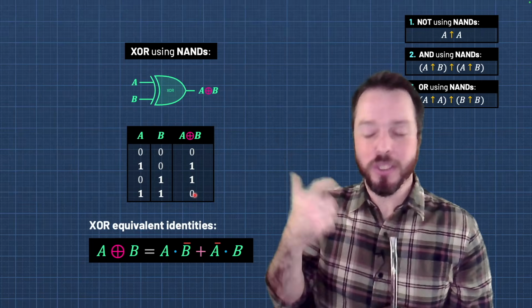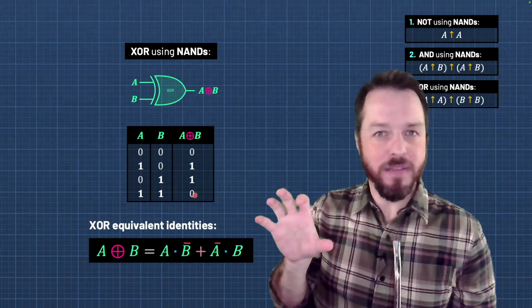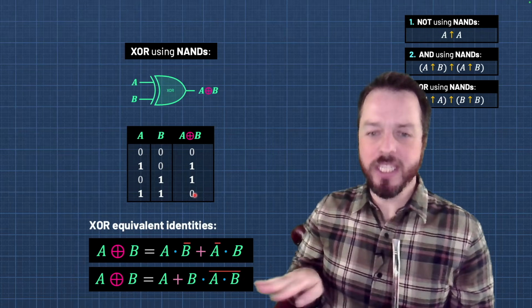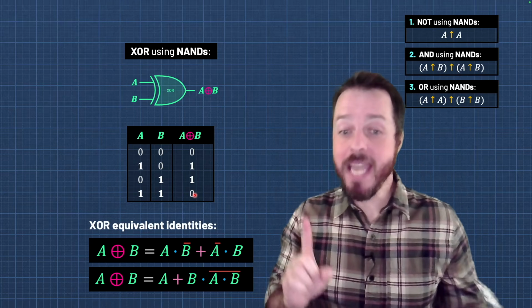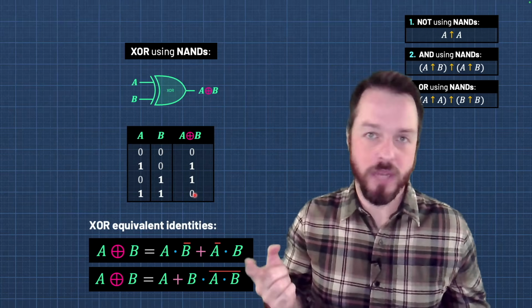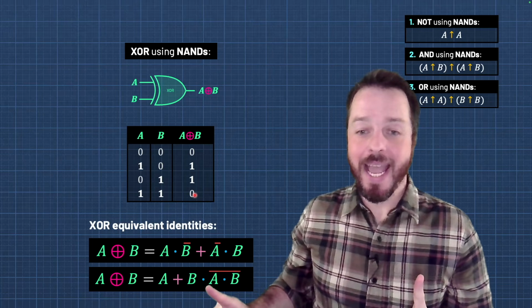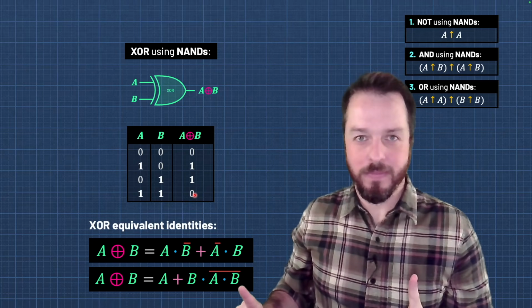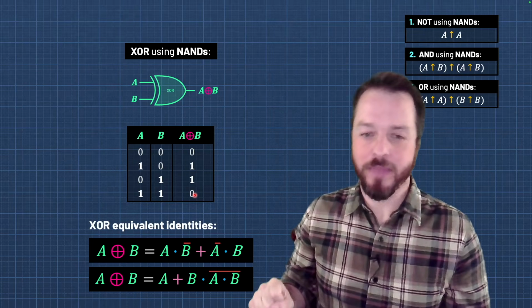But you can also rewrite an XOR a little bit differently. There's another equivalent identity, which is this one right here. Look at what it says: A XOR B is also equal to A or B, and not A and B. I'm trying to explain things in English. Just hear what I'm saying.